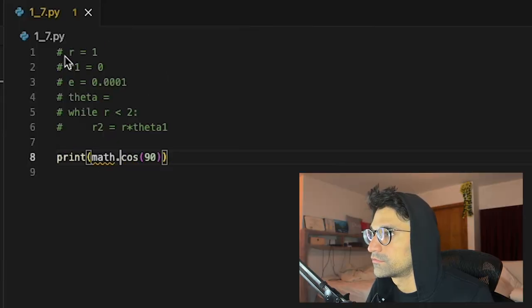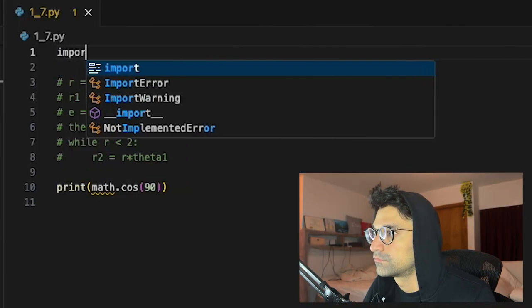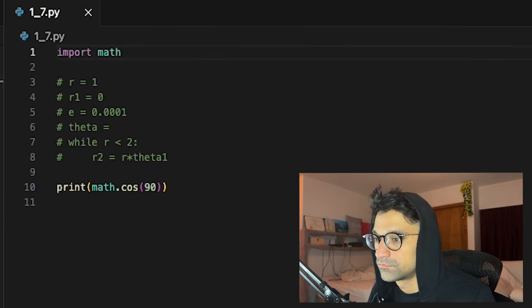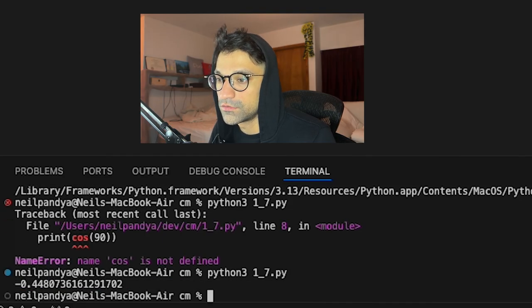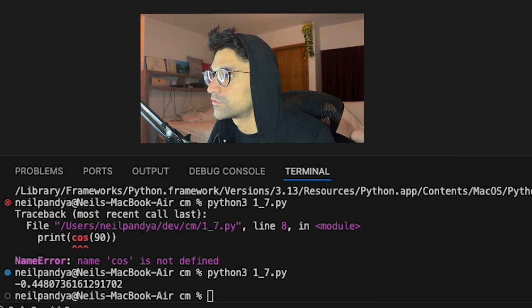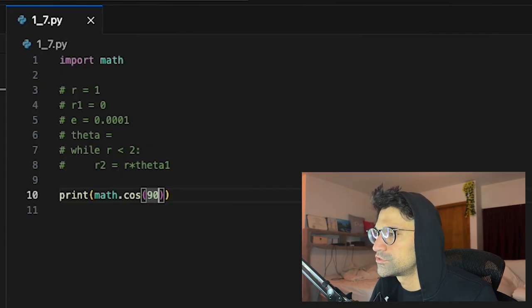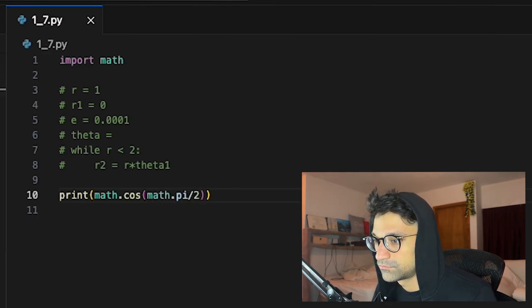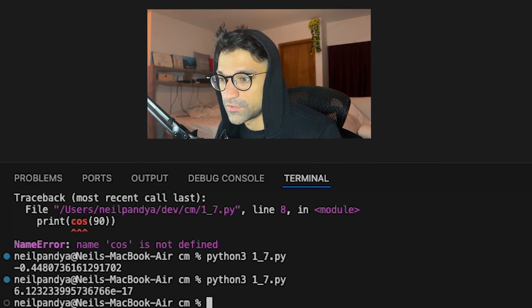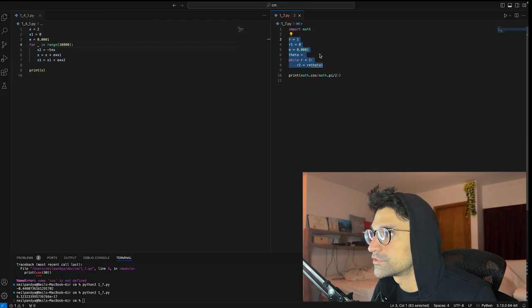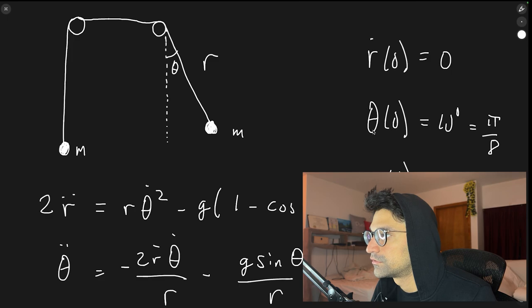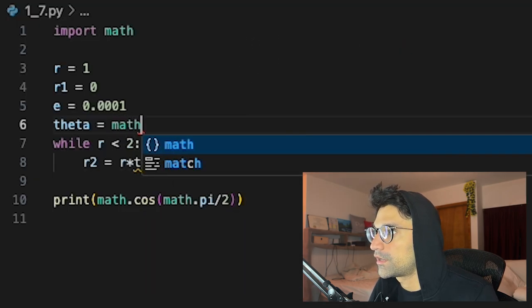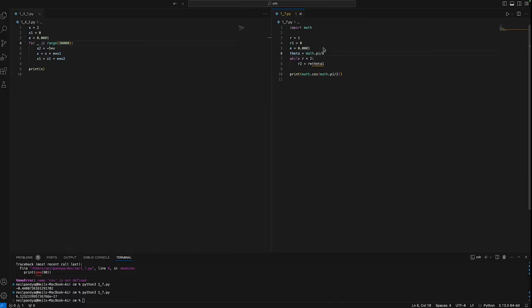We need to import math. Okay, so it's in radians, right? So we're going to need pi. If we want 0, it should be pi over 2, right? So maybe math.pi over 2. Okay, that's basically 0. Where was I? So theta is going to be, so we want math.pi over 8. Math.pi over 8.